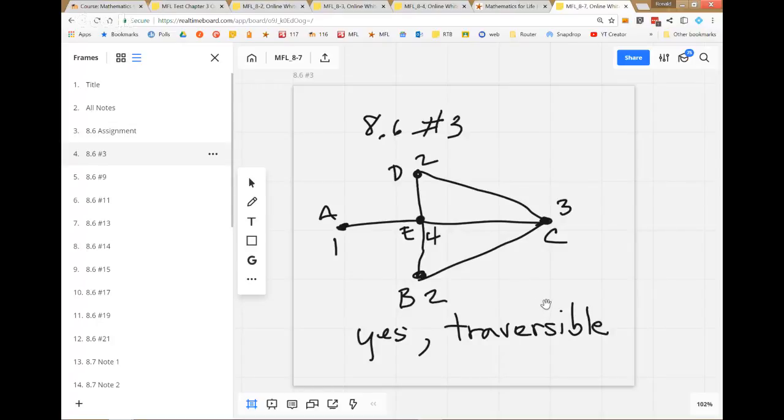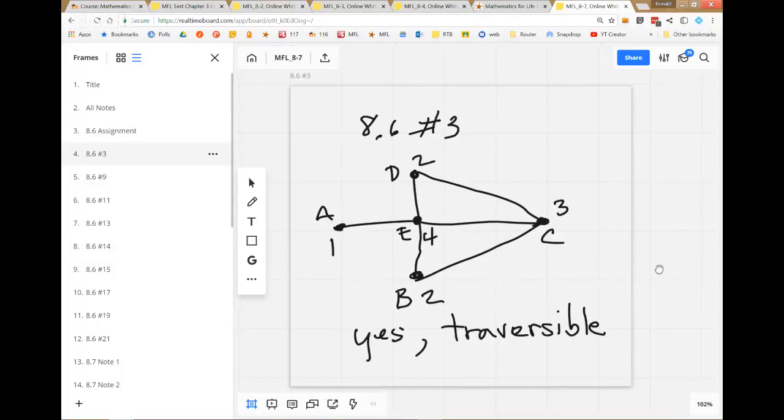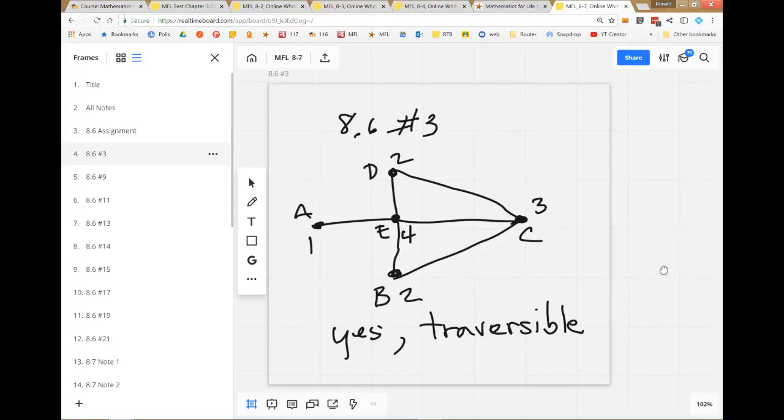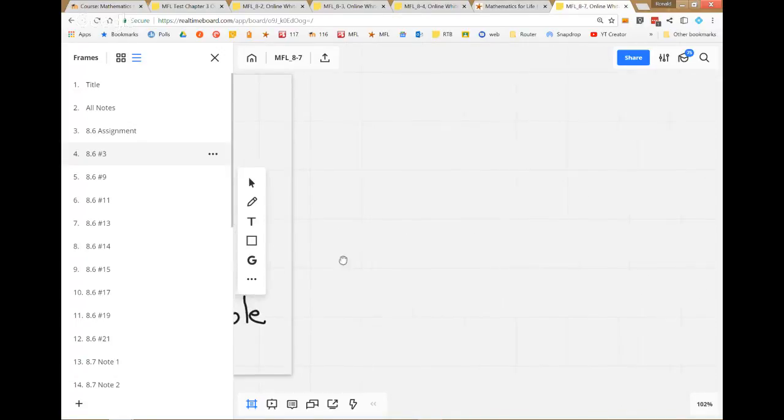Let me get this right. I think on number 7, there were 5 even vertices and then 1 odd, but then I put down that it was non-traversable, and I think they agreed. Okay, that was number 7? Yeah, that was number 7. Let's do number 7.